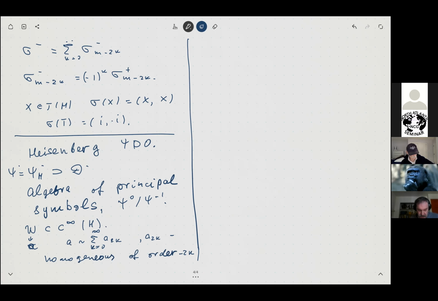Inside it, an important subspace will be the algebra of Schwartz functions, for which the asymptotic expansion is just 0.